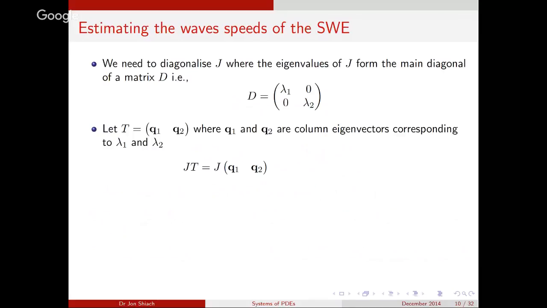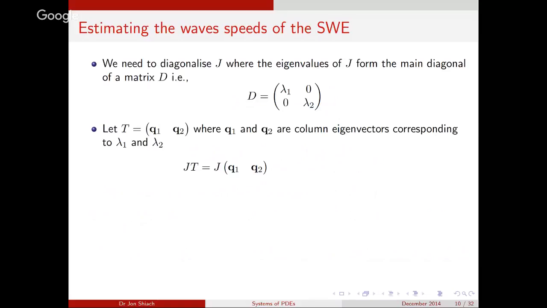Right. So what I want to do is what we call diagonalizing. I want a transformation on the Jacobian that diagonalizes it, so I have a matrix of this form. D is a diagonal 2 by 2 matrix with the eigenvalues lambda 1 and lambda 2 on the main diagonal. And let's say we have some form of transformation, it doesn't matter what it is.